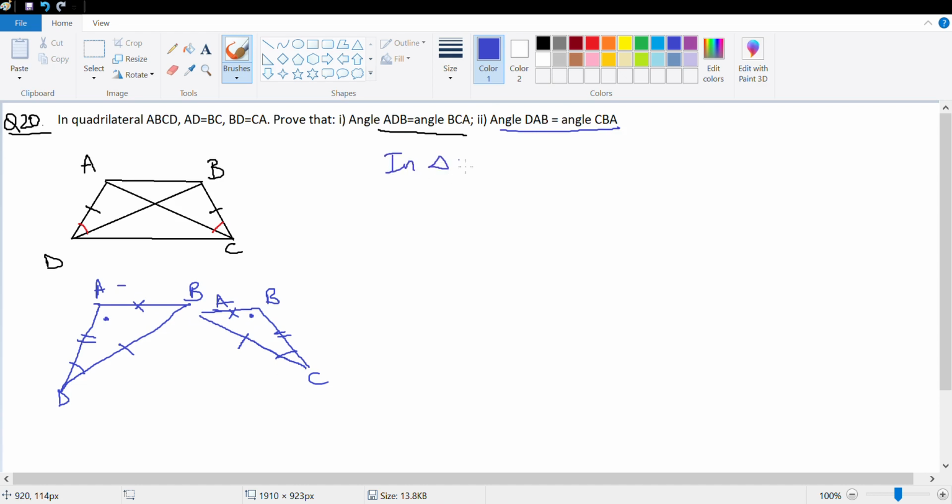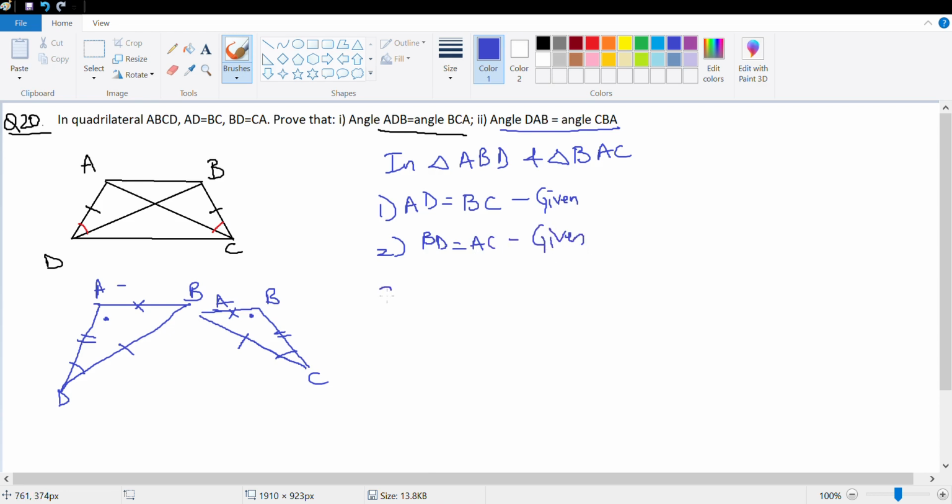So in triangle ABD and triangle BAC, number 1, AD is equal to BC. This is given. This is the first side. Number 2 would be BD is equal to AC. This is also given.